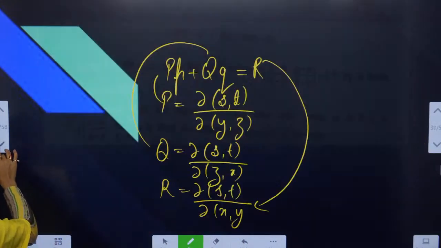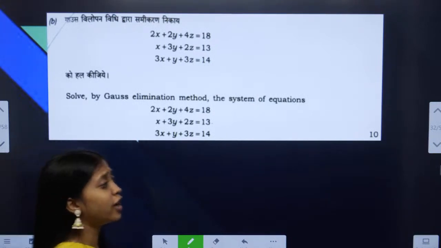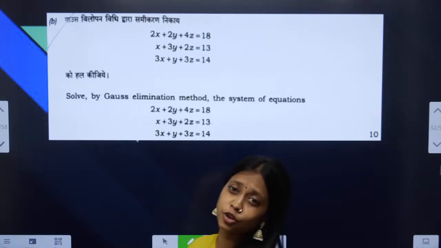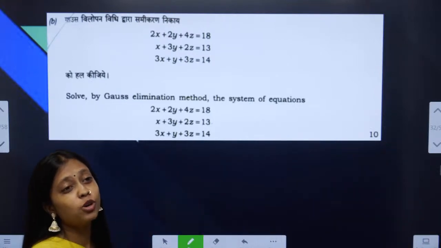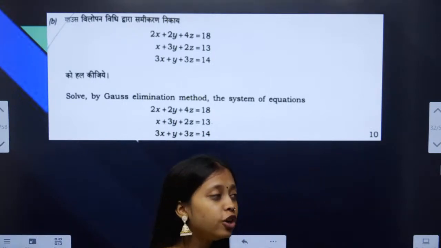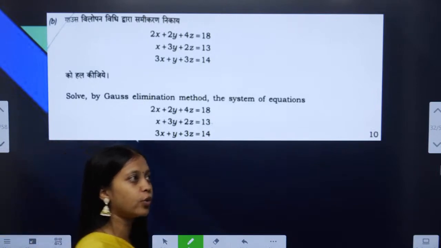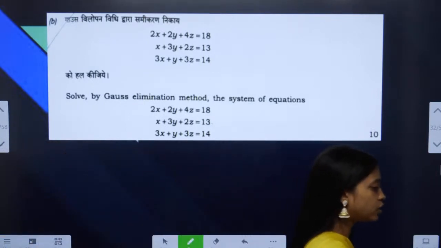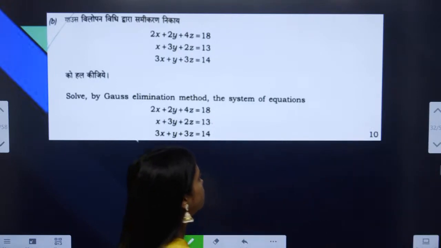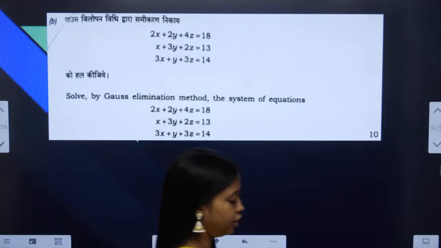So, Gauss elimination method, I don't even think that any discussion is required. One question was there in your paper 1 where you had to reduce your coefficient matrix to the row reduced echelon form, and then solve the linear equations.